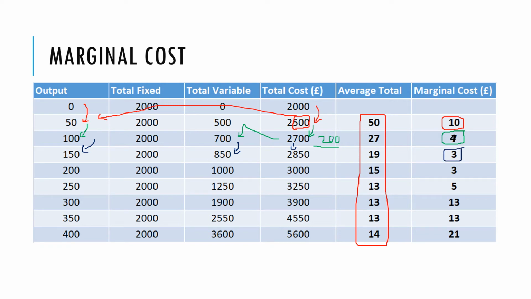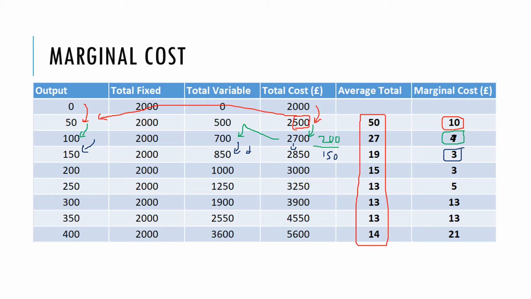The marginal cost is directly related here to the increase in the variable costs. Here we have an increase in variable cost of 150, going from 700 to 850, and that's come from another 50 units. So how much have those extra units added each? Marginal cost of 3, 150 for 50 extra units.